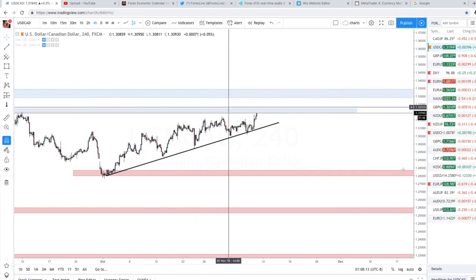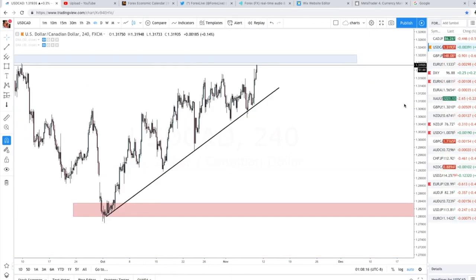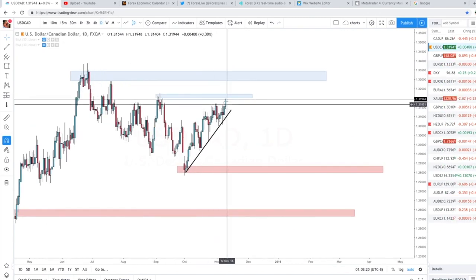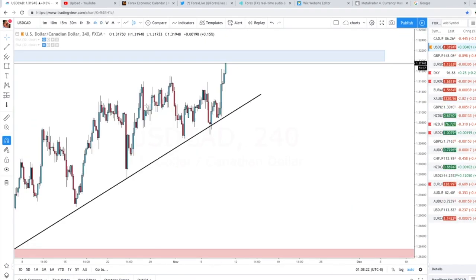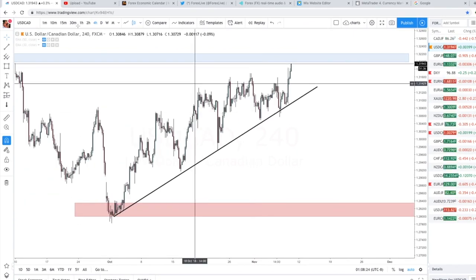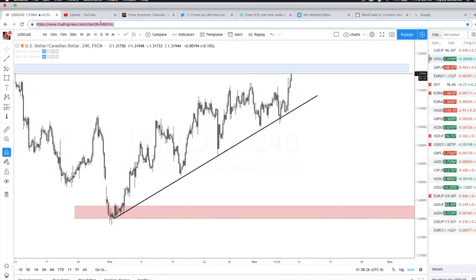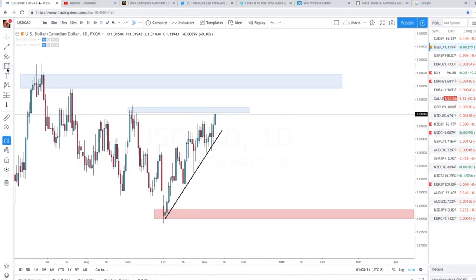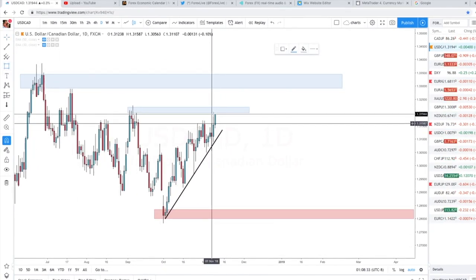So we don't want to take an entry on the daily and the weekly just because it's a whole day candle, so we just want to drop down and see where we can take our entries. Let me show you. So this is the daily candle right now.